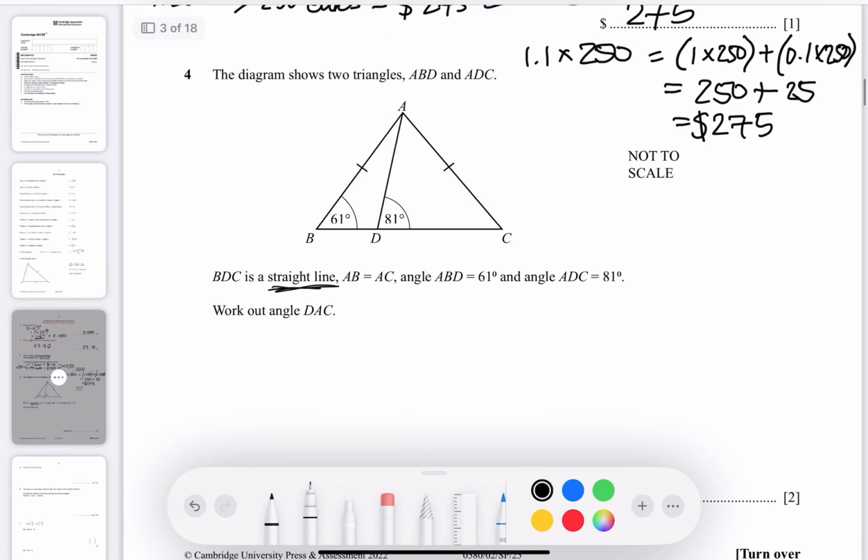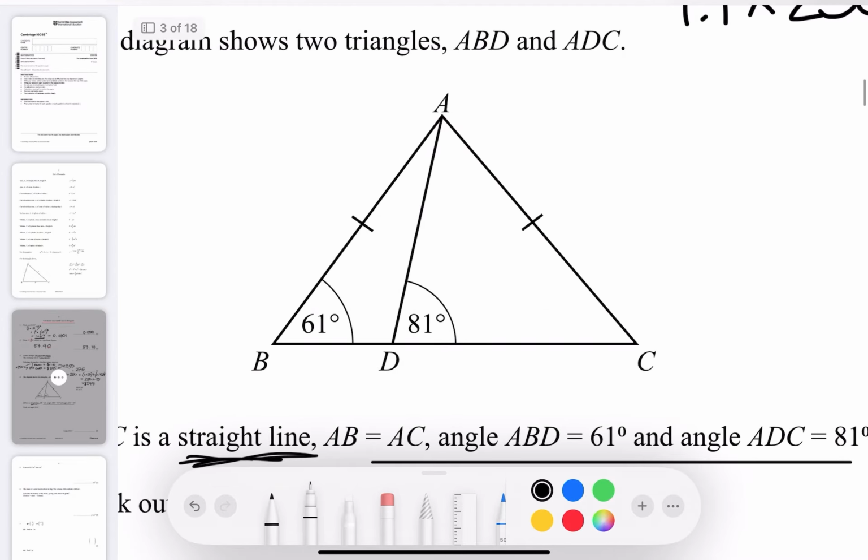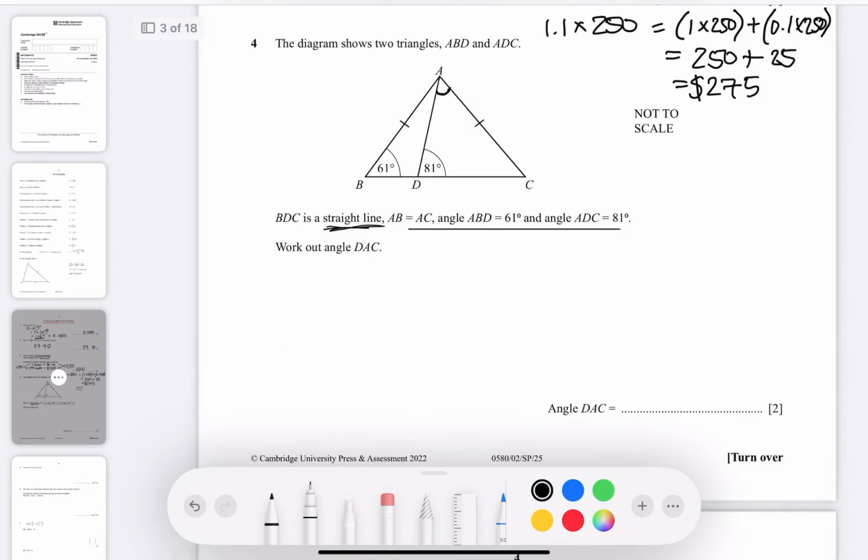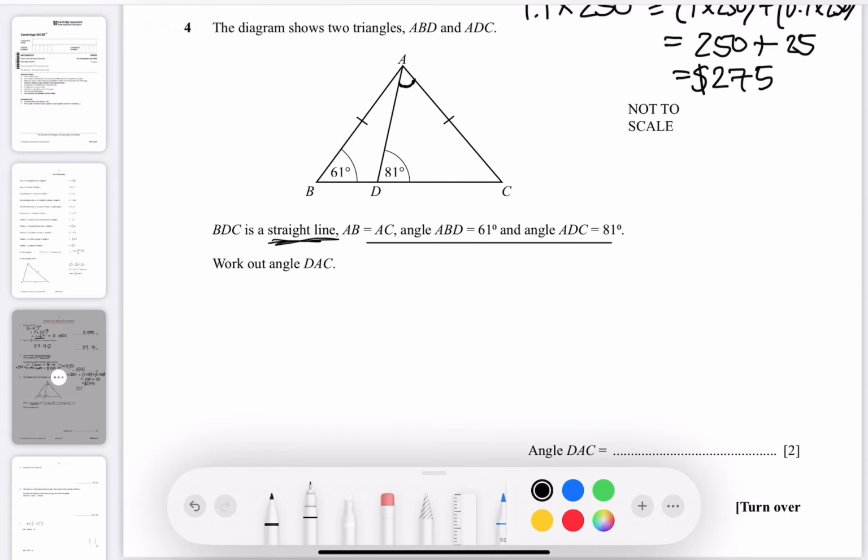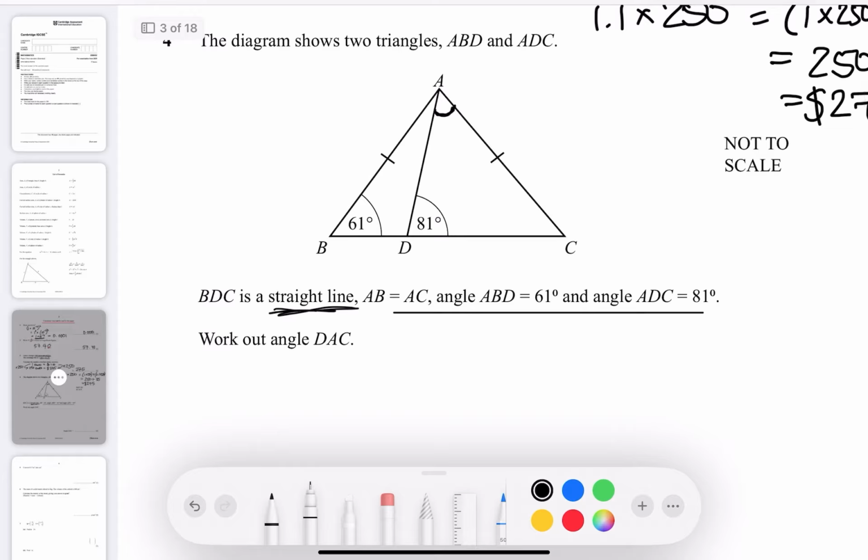So they've given us these angles, and we are asked to find angle DAC, which is this angle right here, DAC. So go back to the trigger word of straight line. So angles in a straight line add up to 180.